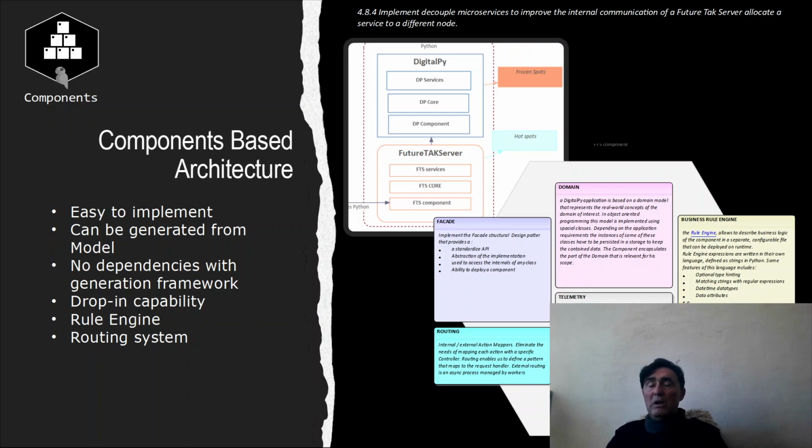That will allow us to monitor centrally the health of the system and to identify very quickly if we have any issue. Finally, one very powerful feature of each component is a so-called business rule engine. The business rule engine allows us to describe the business logic of the component separately. That means that we do not have a hard-coded version of rules.